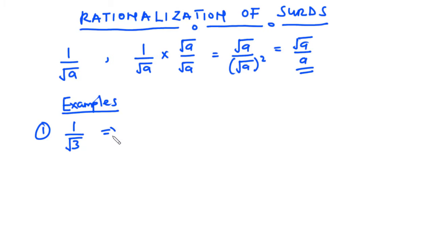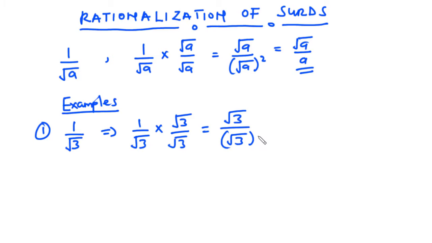So this is equal to 1 over the square root of 3 multiplied by the square root of 3 over the square root of 3. Now 1 times root 3 is root 3, and then root 3 times root 3 is root 3 squared. So we have root 3 divided by 3.